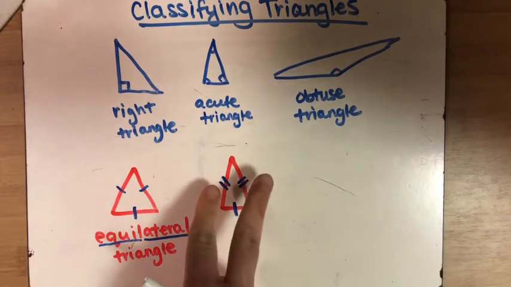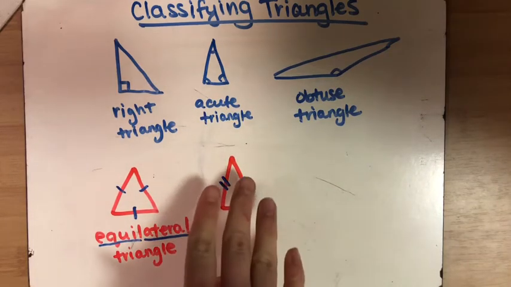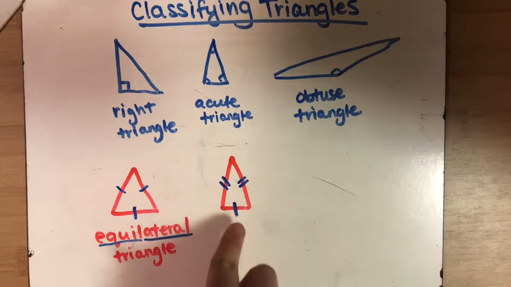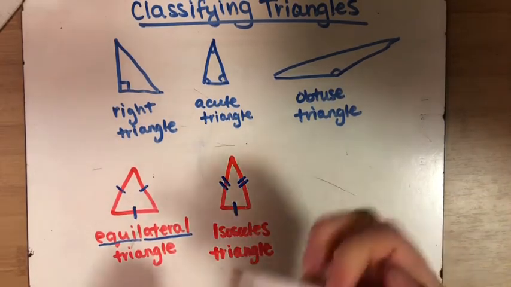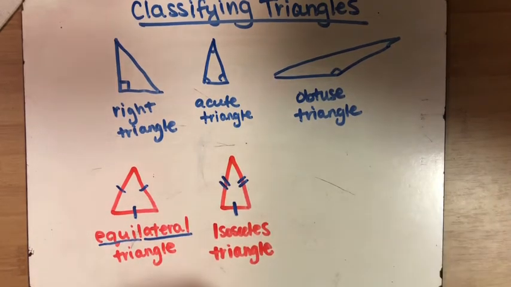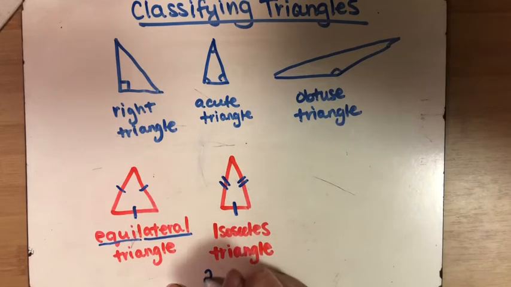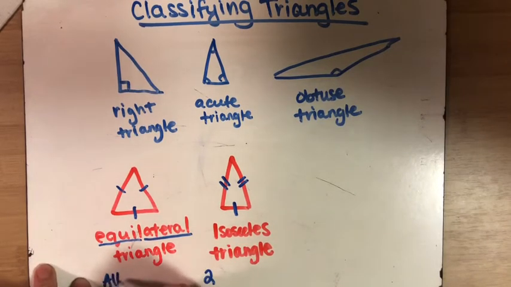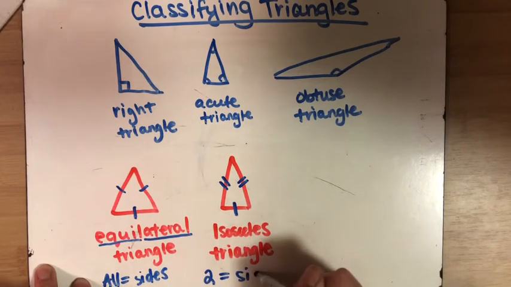That means that those two sides are the same length, but this bottom one is a different length. That's why those have two slashes and that has one slash. So this is called an isosceles triangle. This one has all equal sides. This one has two equal sides.